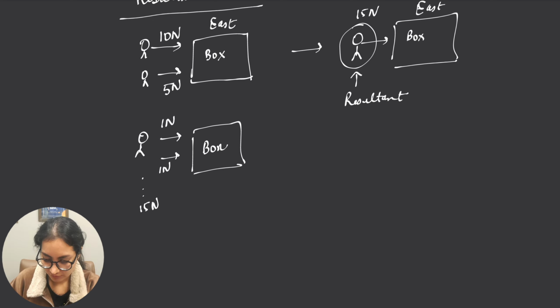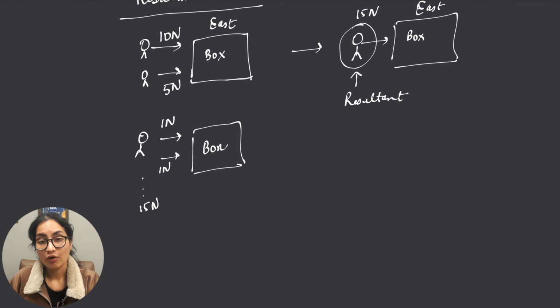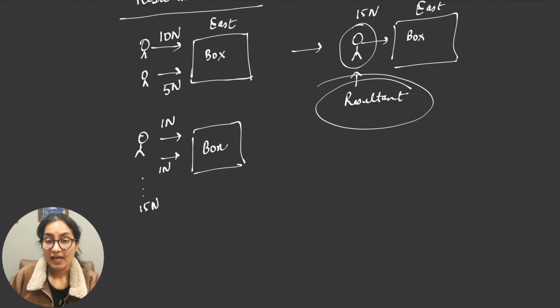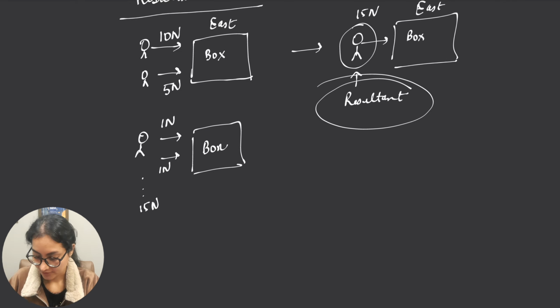So I will require 15 persons to apply 15 newtons of force to push this box. Similarly, I can hire any number of persons to do this job. So any resultant vector can have any number of components.